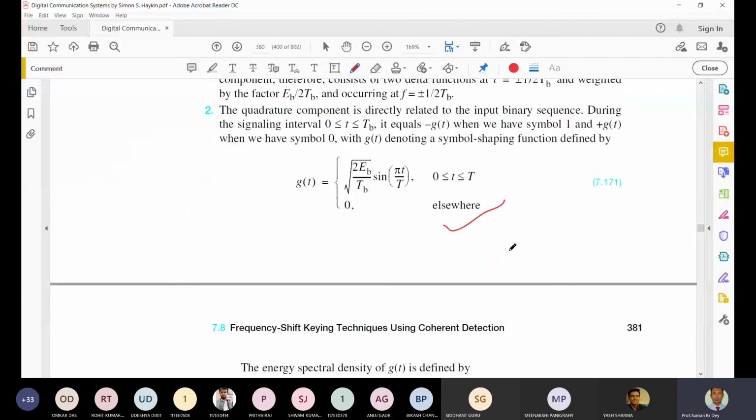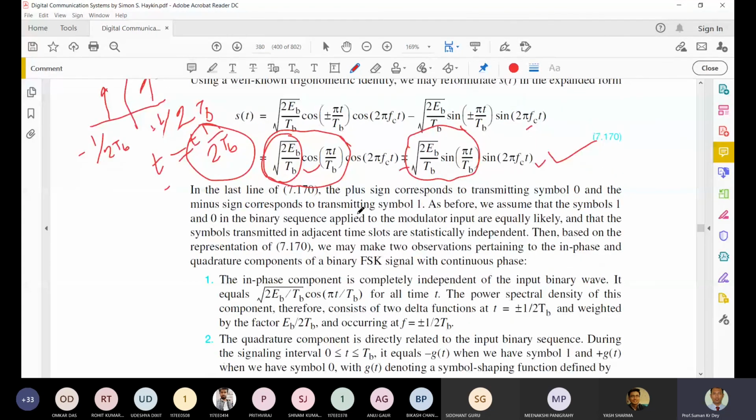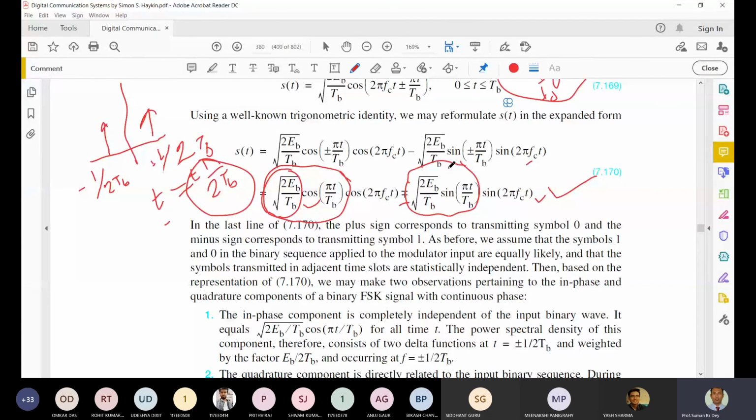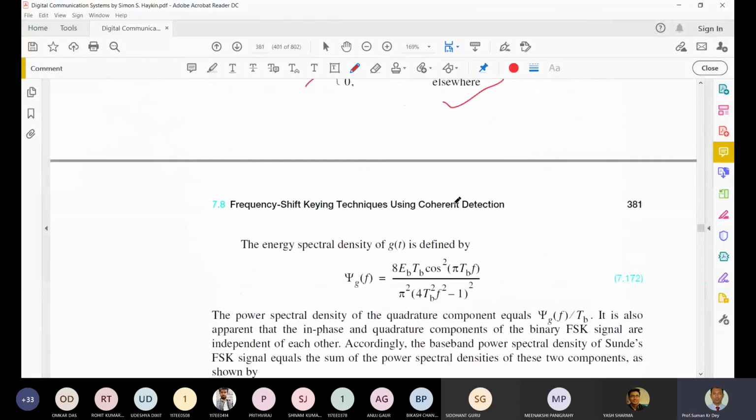Okay. So is there any doubt how we are representing g(t)? We are just considering a function g(t), which is the quadrature function, and this value is represented in terms of g(t). Now if we calculate the energy spectrum density of g(t), it is defined by this expression.